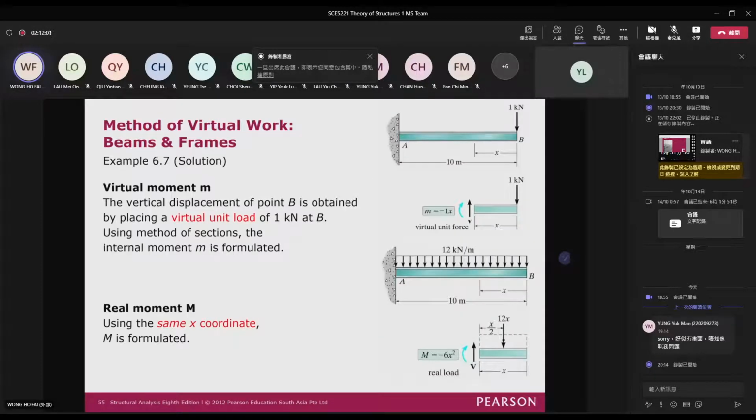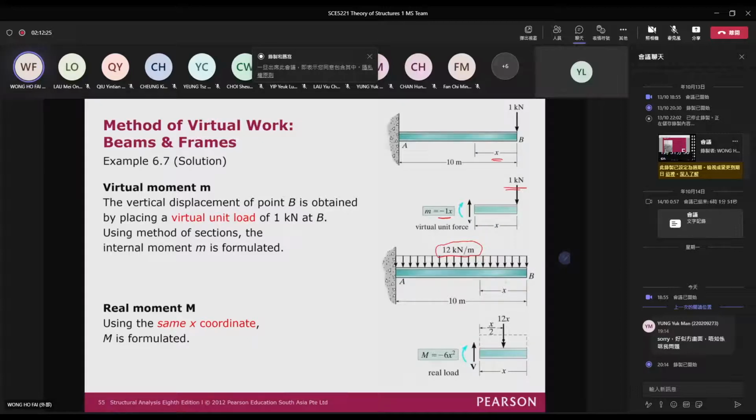First of all, I will put the point load at the end, and then I have an x here. For the moment, I have 1 times x, which is equal to negative 1x. This is the moment equation due to the virtual force. And then for the distributed load here, it is equal to 12 kN per meter.